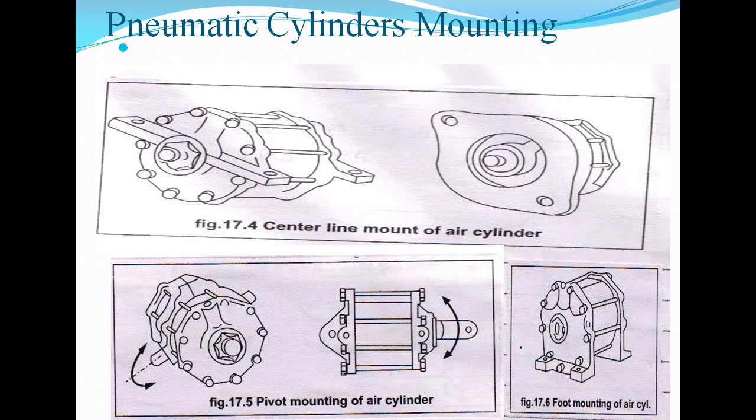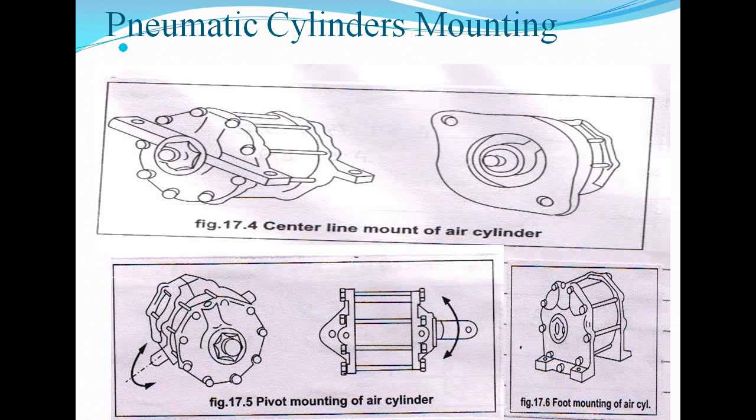In this figure you can see that. Then next is pivot mounting of the air cylinder. Here you can see this is the pivot mounting. There will be swinging of this air actuator in this direction. In this figure also you can see this is the pivoting. We will be having a free motion of the air cylinder up and down, and this is another pivoting here.